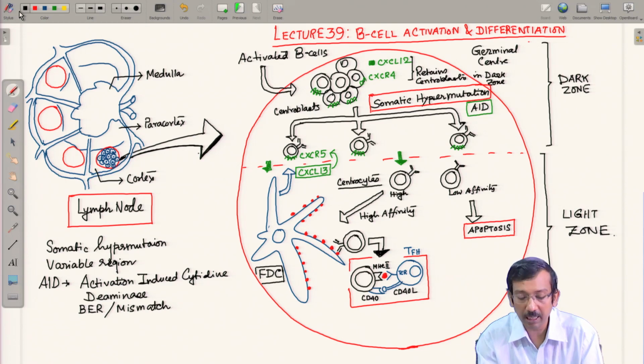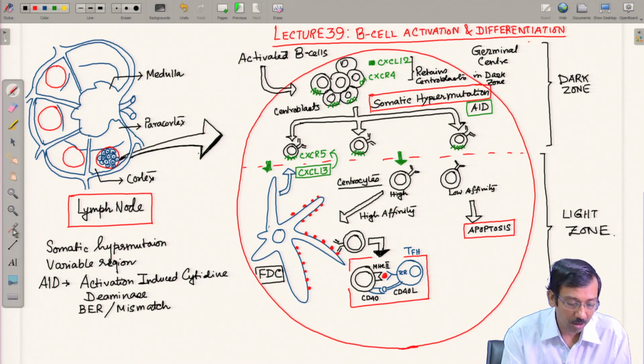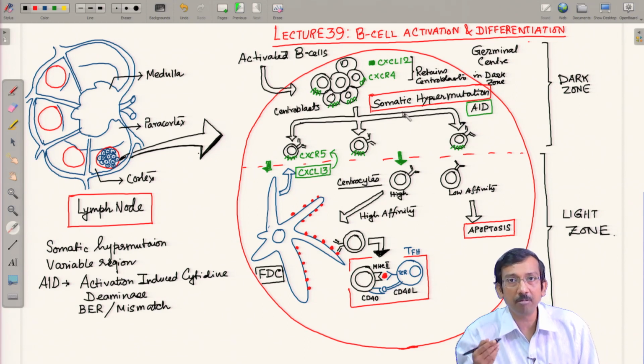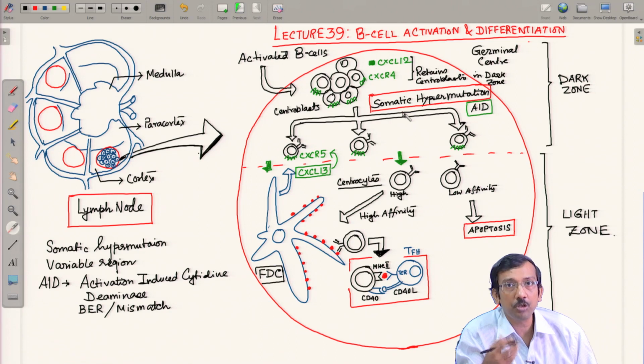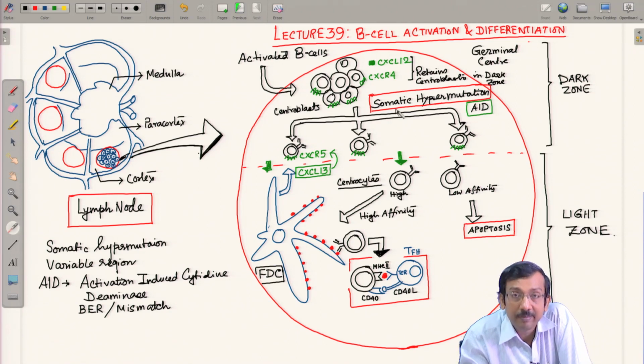So, let us look at this part again quickly. There is somatic hypermutation leading to increase or decrease in the affinity of the B cell receptors expressed on the surface towards the antigen. Remember, then these B cells, the centroblasts, will start expressing CXCR5.